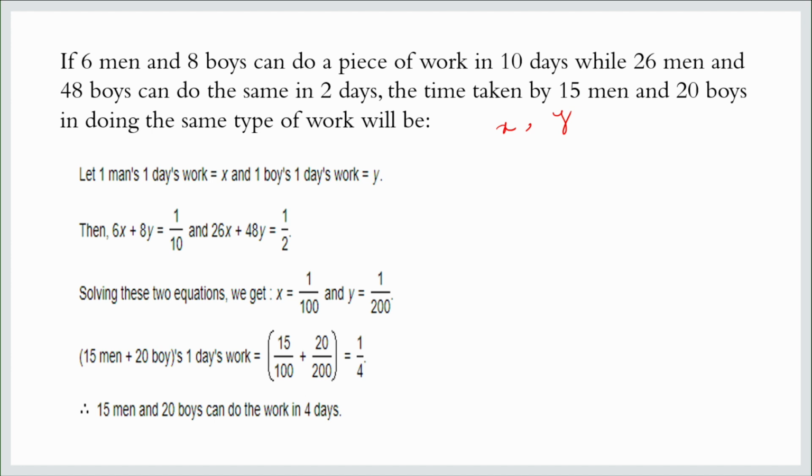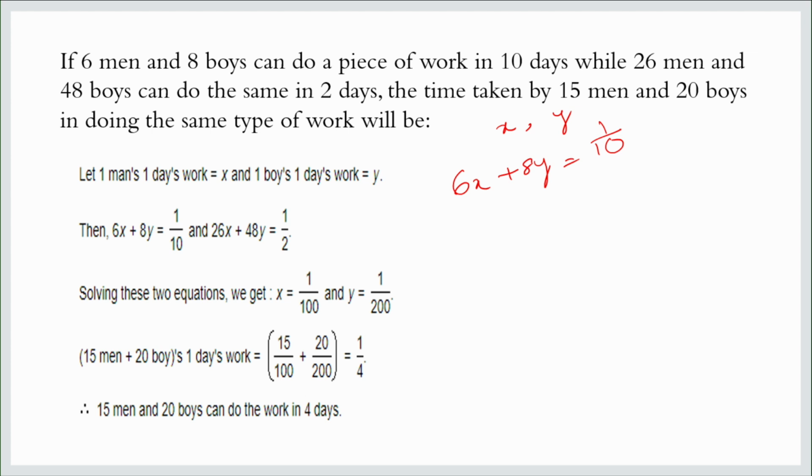So here, how many men are there? 6. So 6 men is 6x, 8 boys is 8y, and combined they can do it in 10 days. So 6x plus 8y is equal to 1 by 10. Because this is 1 day's work, no? 1 day's work, 6x plus 8y equal to 1 by 10.